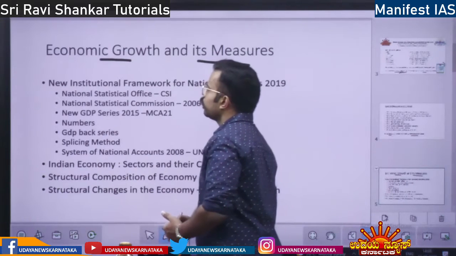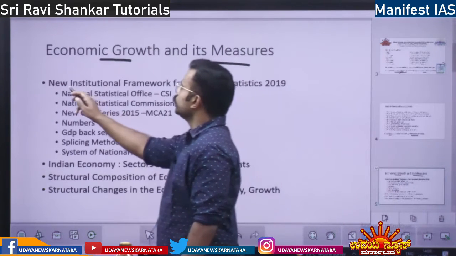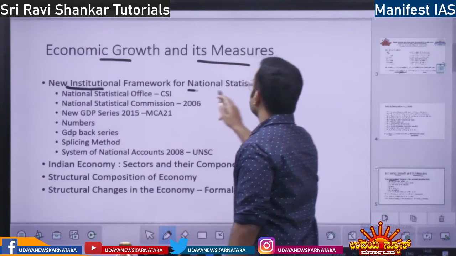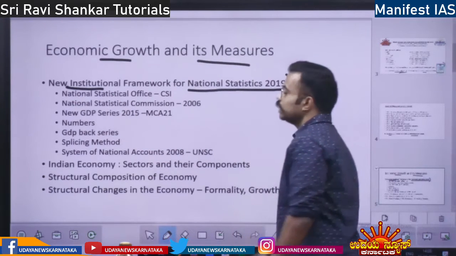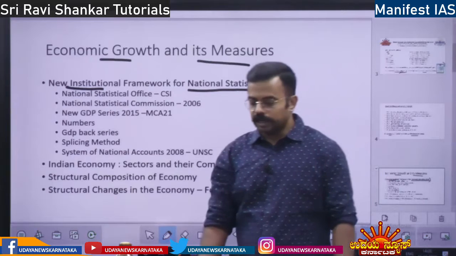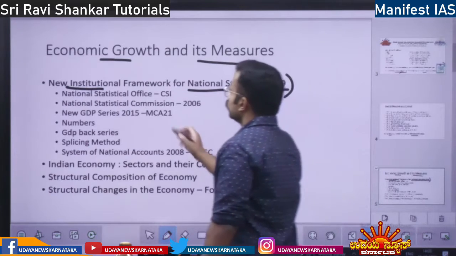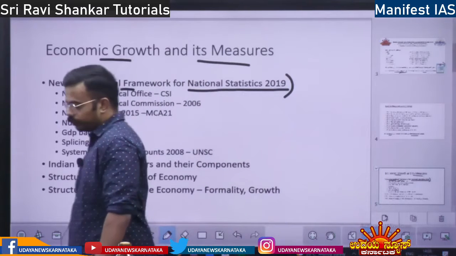So today we look at the new institutional framework for national statistics which was given in 2019.